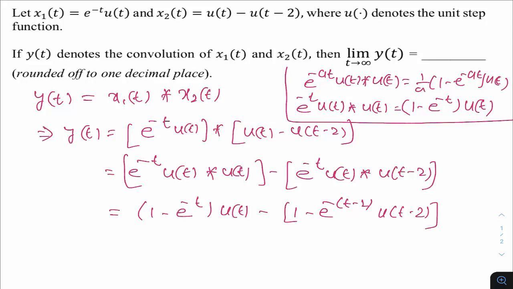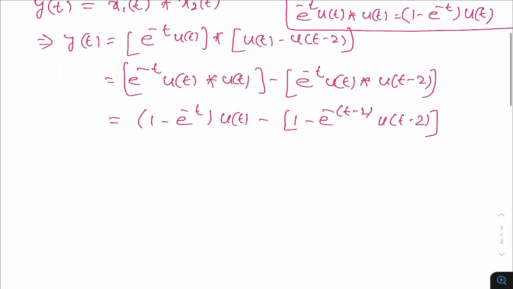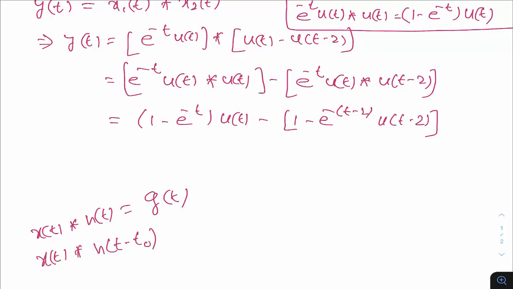So how am I doing this? Using the shifting property. So what is the shifting property? Let's say x of t convolved with h of t is equal to g of t, for example. If I shift one of the signals, that is, if I replace h of t by h of t minus t naught, then the overall answer is g of t minus t naught. That's what the property says.